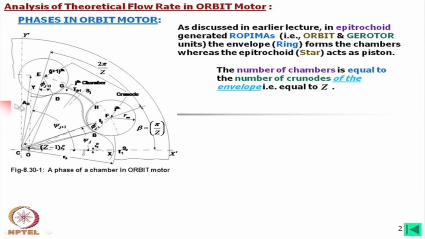So, here there will be 6 lobes if we take Z equal to 7. Again, in earlier discussion we have seen that the ripple is less in case of an odd number of chambers. So, while we discuss the formulations, we have to be careful that Z is always an odd number. That means the number of chambers is always odd.